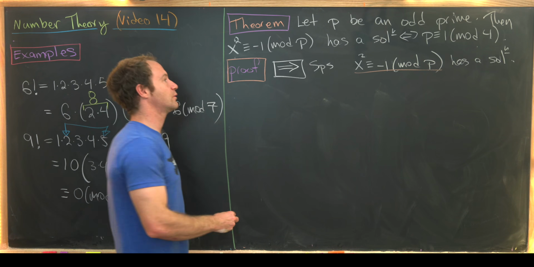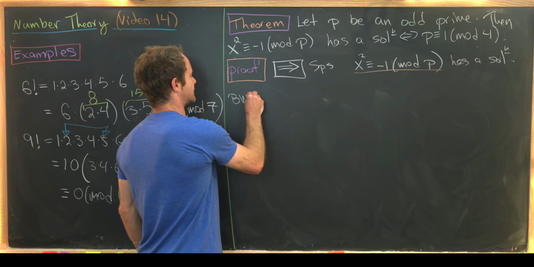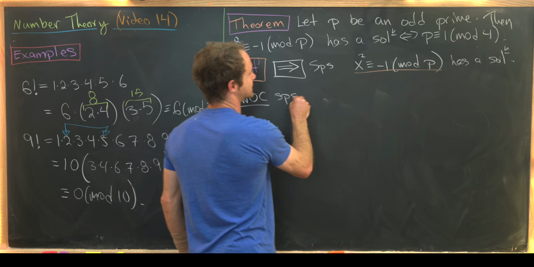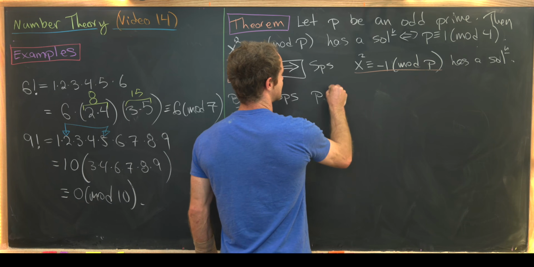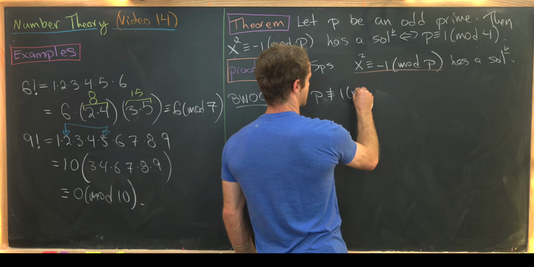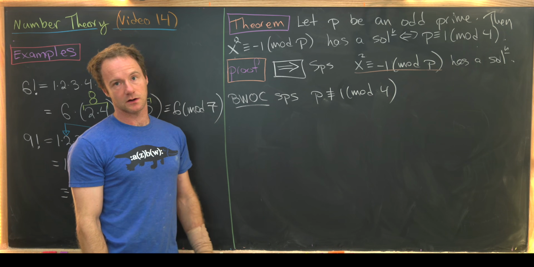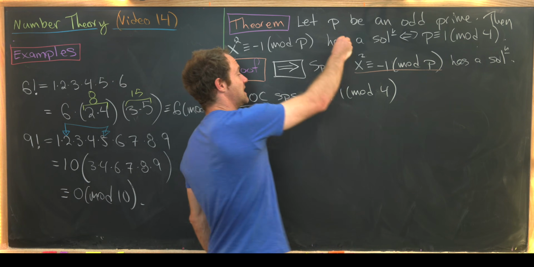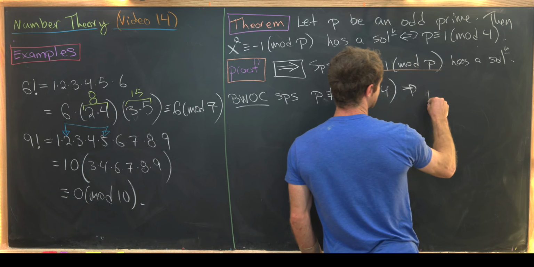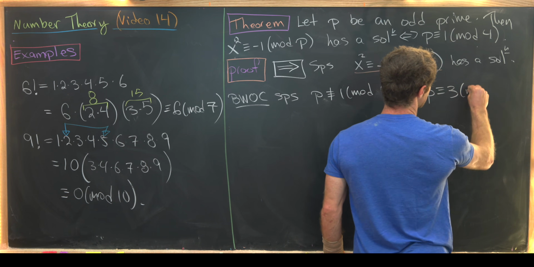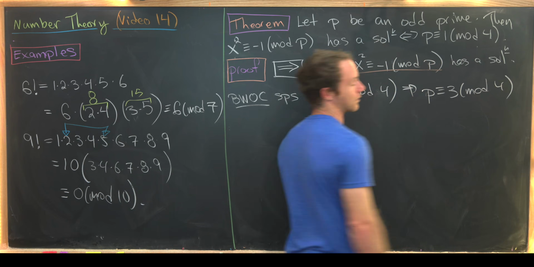Okay, and now we want to work by way of contradiction. So by way of contradiction, suppose that p is not congruent to 1 mod 4. So p not being congruent to 1 mod 4, together with p being an odd prime, means that p is congruent to 3 modulo 4.